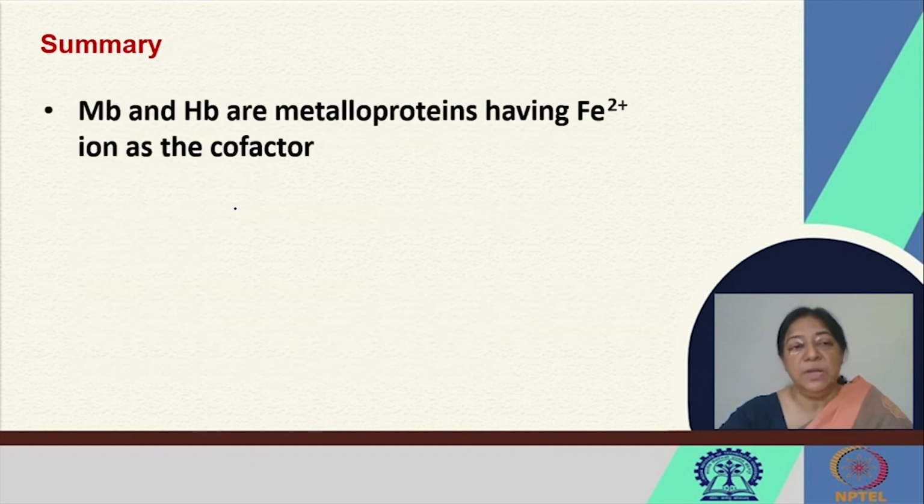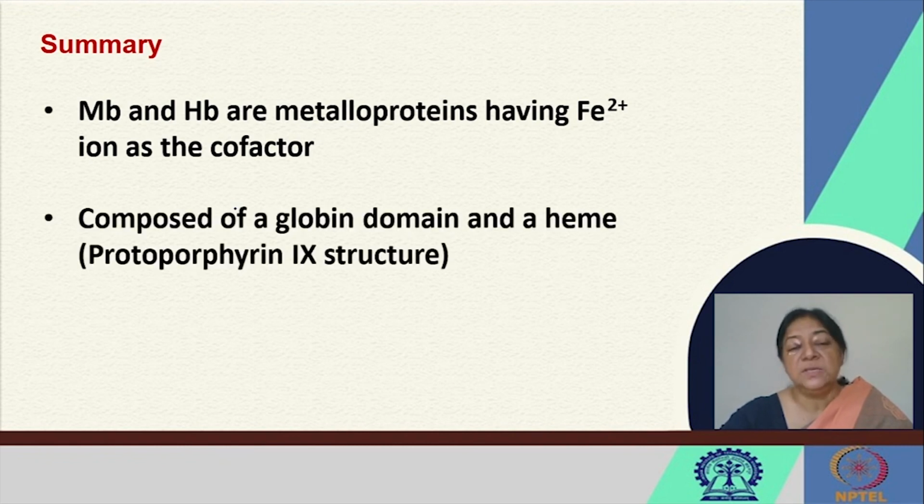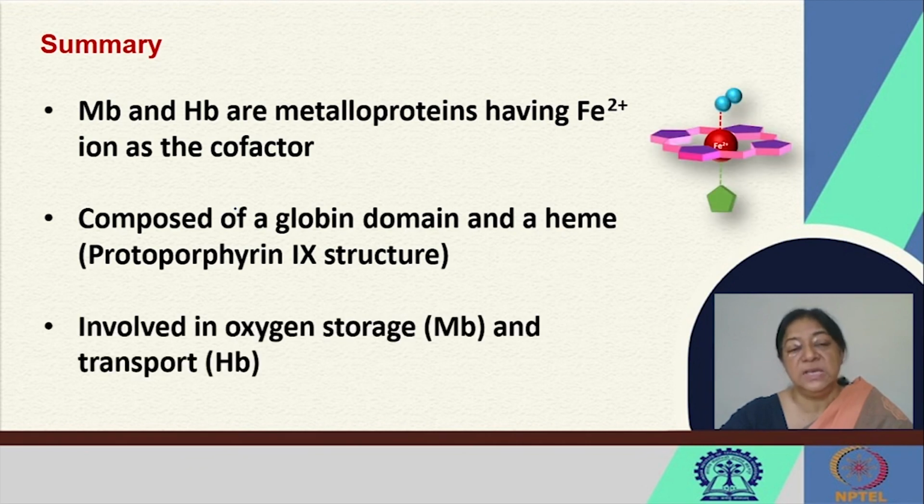So in summary, we looked at the myoglobin and hemoglobin metalloproteins that have Fe2+ as the cofactor. This is composed of a globin domain and a heme, that is the protoporphyrin IX structure with the Fe2+ ion attached to it. This is involved in oxygen storage as we saw in myoglobin and in transport as in hemoglobin.